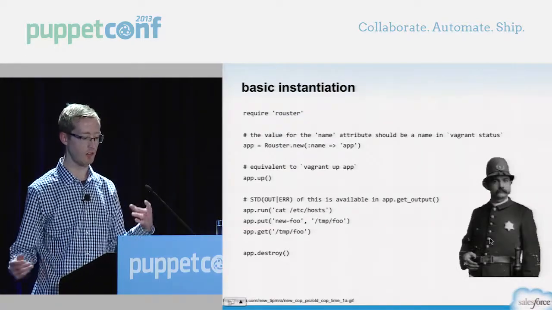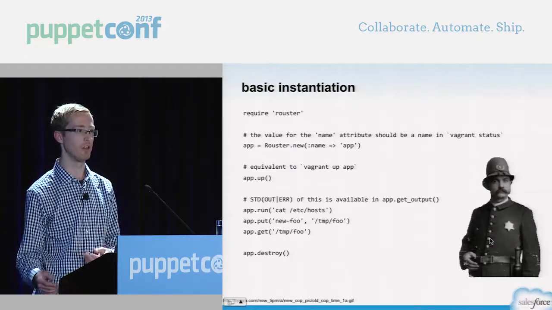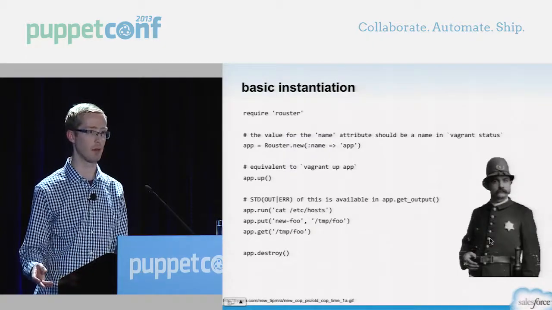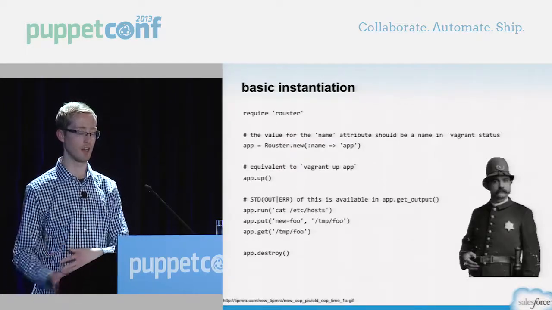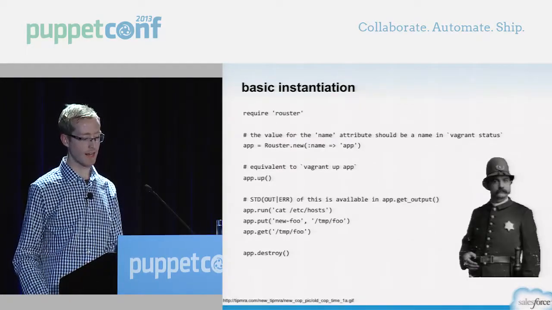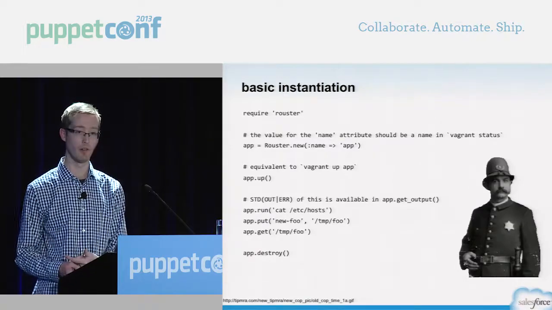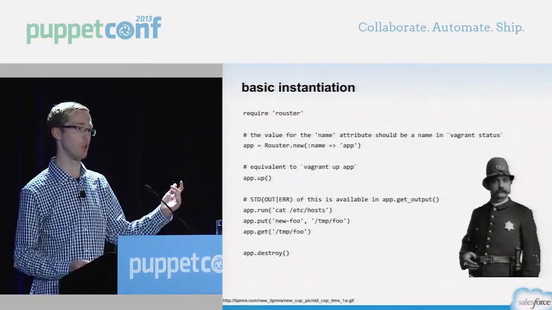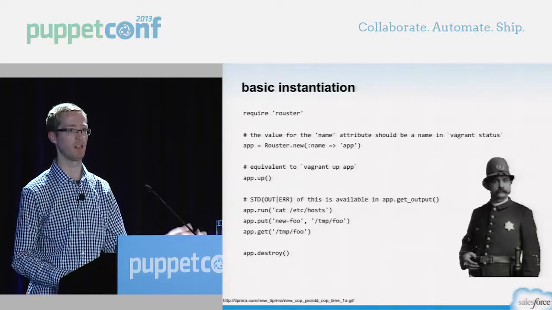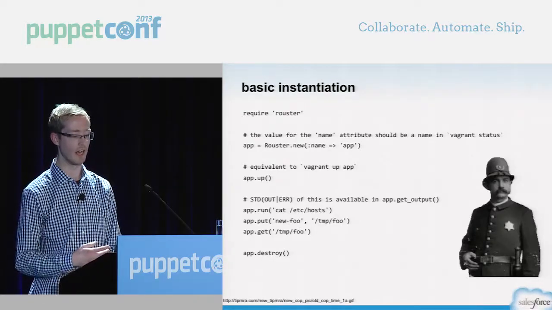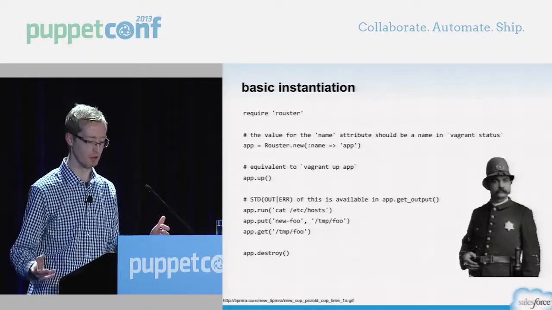So all Rouster workers support the traditional Vagrant faces that you expect, up, suspend, destroy, status, but Rouster adds the additional layers of run, so you can run any command that you want inside a virtual machine. You can pull the exit code, standard out and standard error, and do what you will with those.